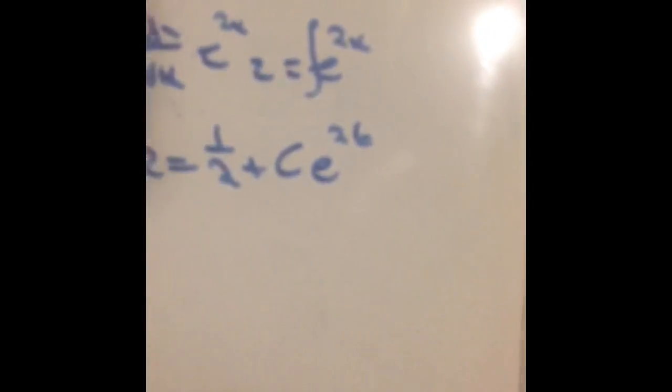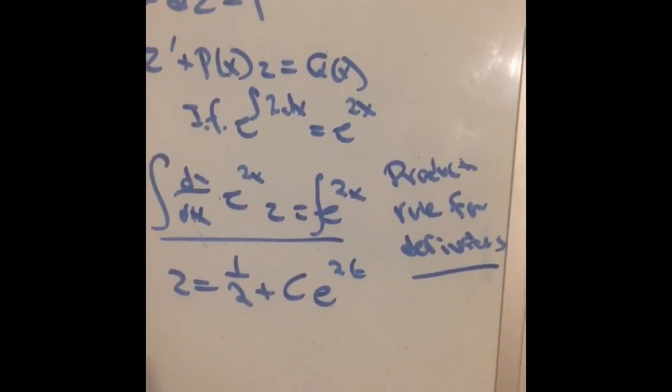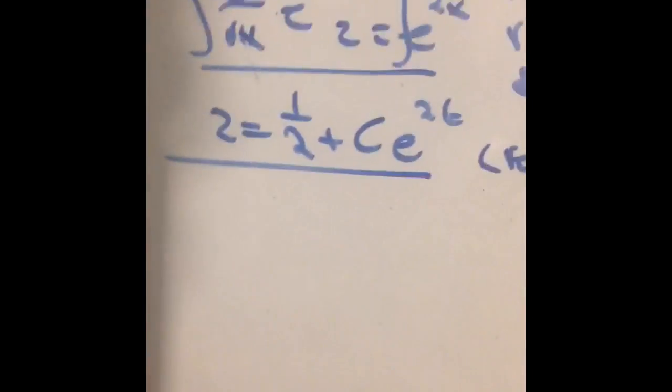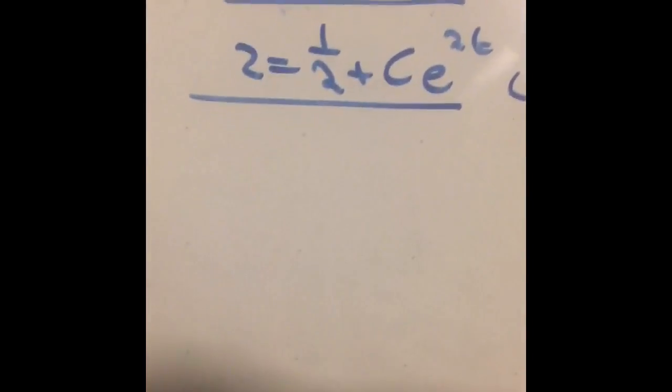If we take the integral of both sides, we end up with z equals 1/2 plus c e to the 2x. We get this by using the product rule for derivatives in reverse. We get z equals 1/2 plus c3 e to the 2x.